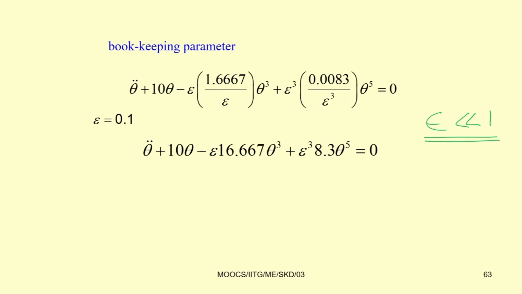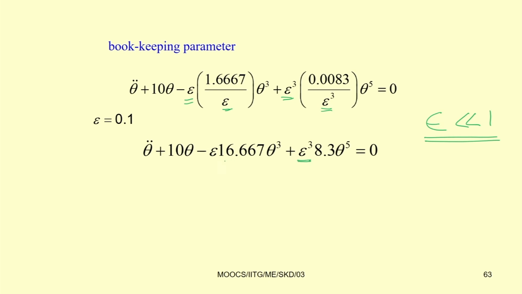You have seen that the scaling parameter may or may not be less than 1, but the bookkeeping parameter is always less than 1. In this governing equation, you just multiply and divide by epsilon, so the number will not change. Similarly, here if you divide and multiply by epsilon cubed also, this number will not change. Now taking epsilon equal to 0.1, we can write this equation as theta double dot plus 10 theta minus 16.667 epsilon theta cubed plus 8.3 theta to the power 5, where it is multiplied by epsilon to the power 4.